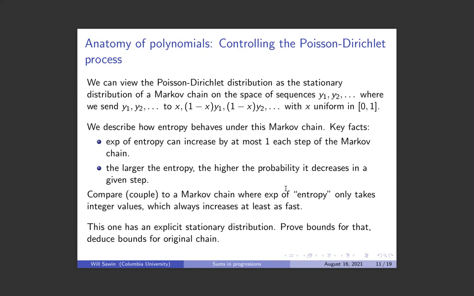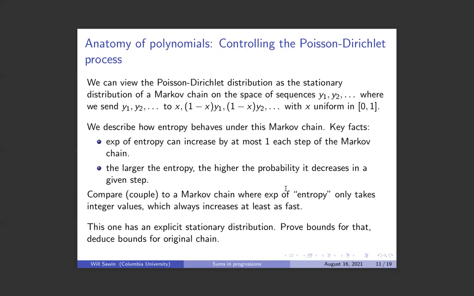And so this one will always be increasing faster. Our new chain will always be increasing faster or decreasing slower than the original one. So the entropy of its stationary distribution has to be higher than the original one. They're coupled together in this way that lets us do that. But because we define our new chain to be integer valued and only increase by 1, stay the same, or decrease by 1 each step, we can solve for the stationary distribution exactly.